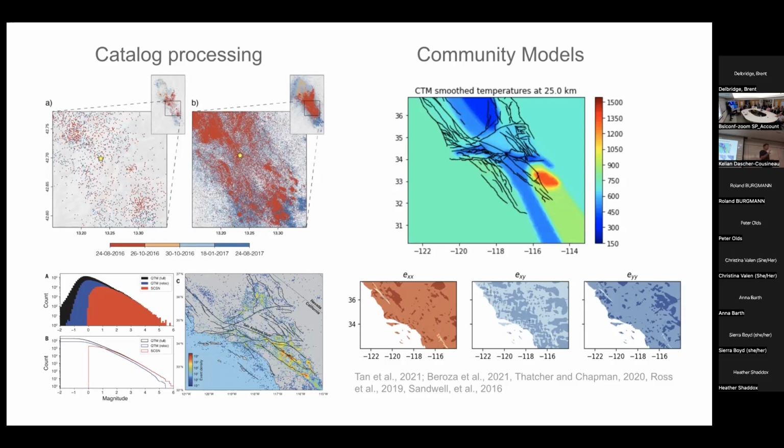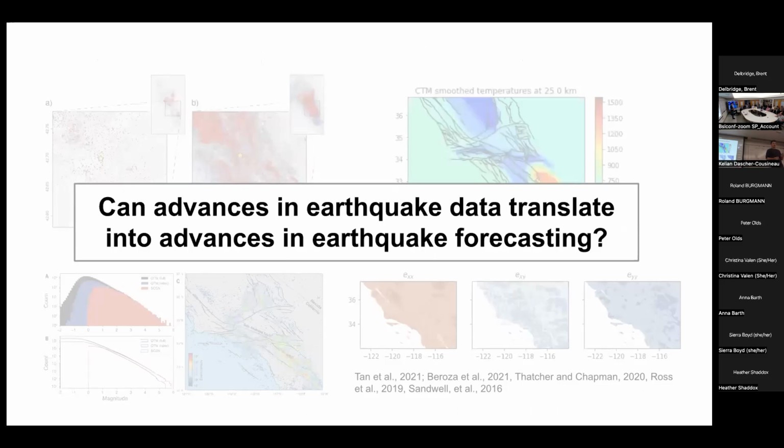In conjunction with these increasingly richer observations of seismicity, we have these really cool data sets of the geophysical backdrop of these earthquake sequences, including thermal models, geodetic models, the geology and the rheology of these places, and those don't make it into an earthquake forecast. So that's the question I'll look at in the second part of this talk: can advances in earthquake data translate into advances in earthquake forecasts?